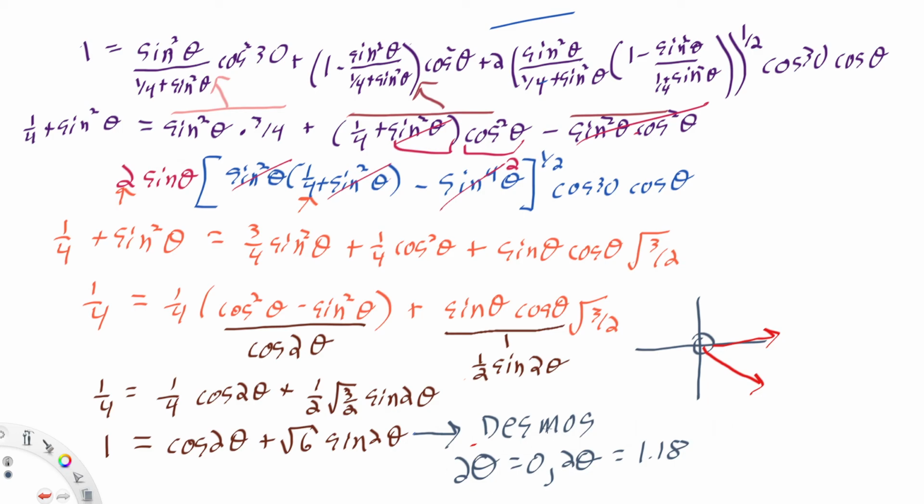Anyone know? I don't usually bother doing that. So 1.18 radians is about 67 degrees. That means our theta is half that, so it's like 34 degrees.